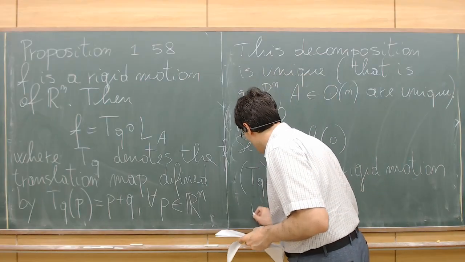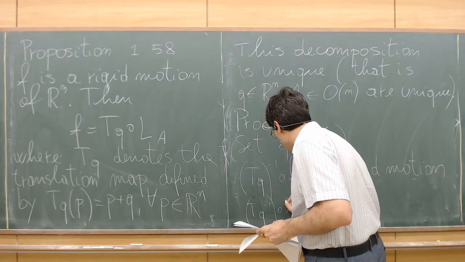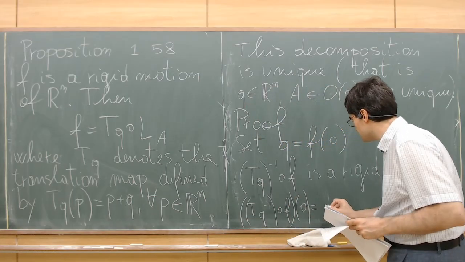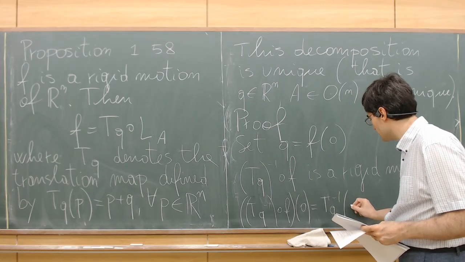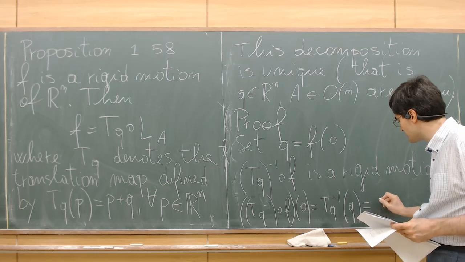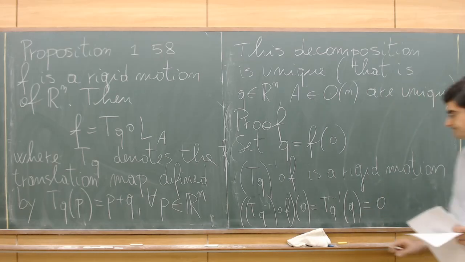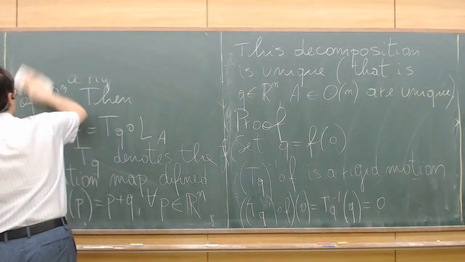TQ inverse composed with F applied to 0 is TQ inverse of F of 0, which is Q, and this is 0. So this is a rigid motion which fixes the origin.